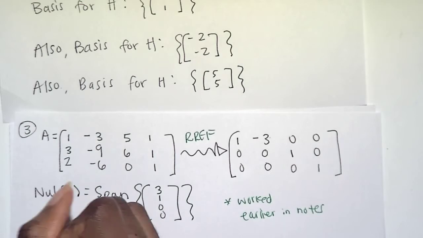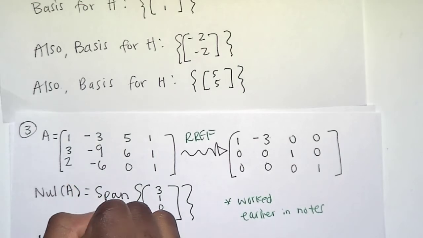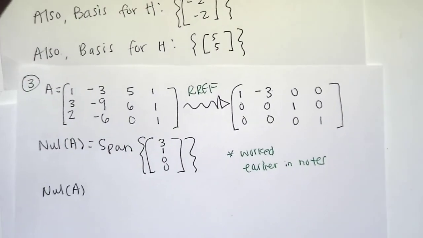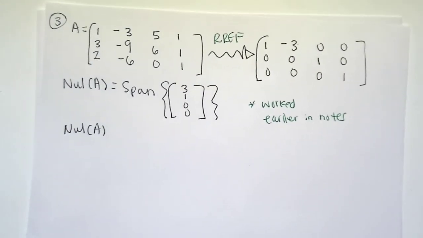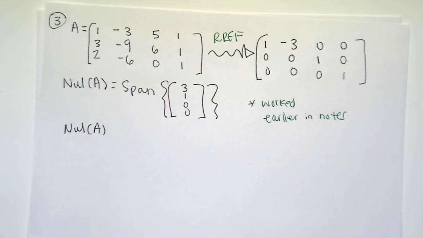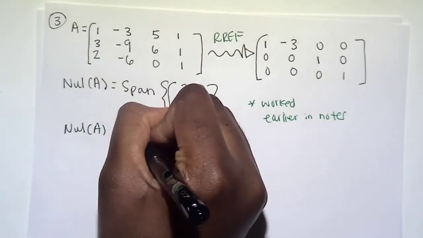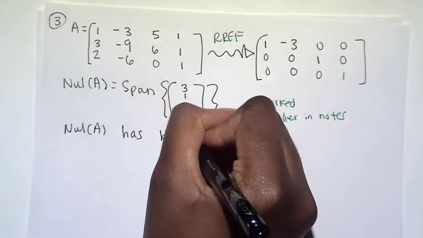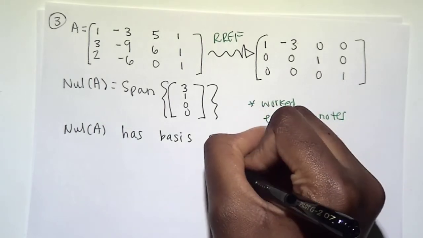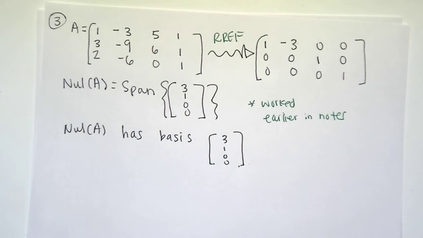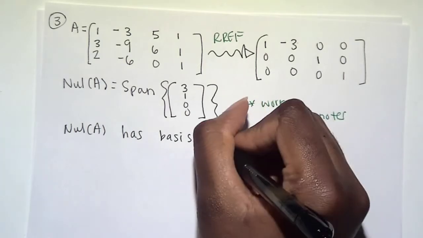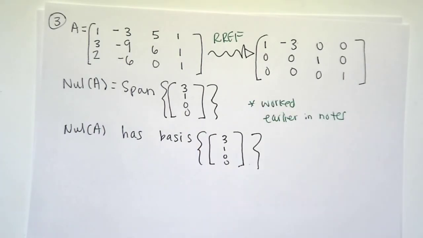So the null space of our matrix A has basis 3, 1, 0, 0. And so we always write it as a set.